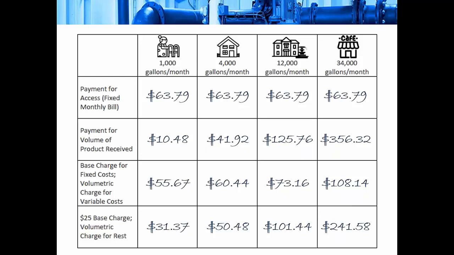This low-use customer is probably the person that you have in mind when you think about affordability. So this customer could pay for 1,000 gallons a month as little as $10 and as much as $64 a month. That is a humongous difference for somebody who's on a fixed income.